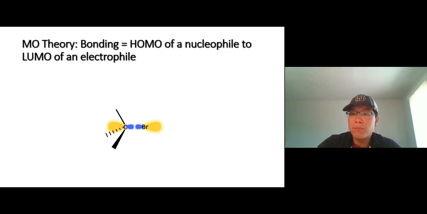According to molecular orbital theory, a covalent bond will form when a HOMO of the nucleophile, HOMO stands for highest occupied molecular orbital, the electrons at the HOMO level, which are the most reactive in the nucleophile, basically a lone pair, go to the lowest unoccupied molecular orbital, the LUMO, of the electrophile. So a bond will form when an electron in the HOMO of the nucleophile goes to the LUMO of the electrophile, basically. All right, let's take a look.